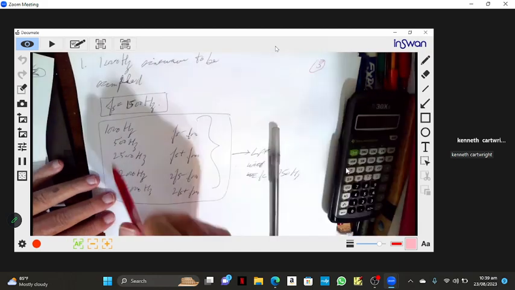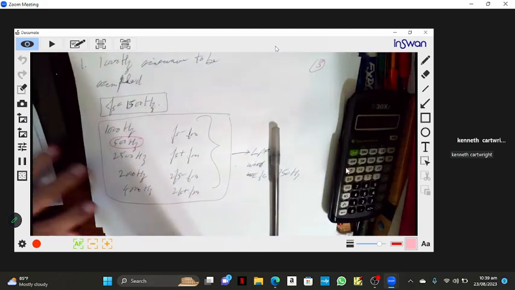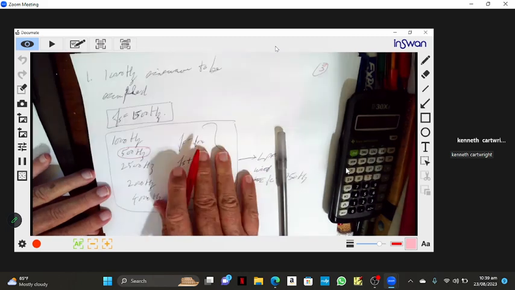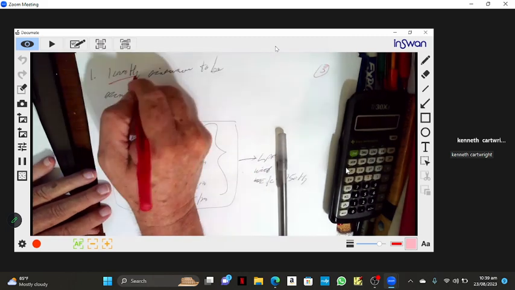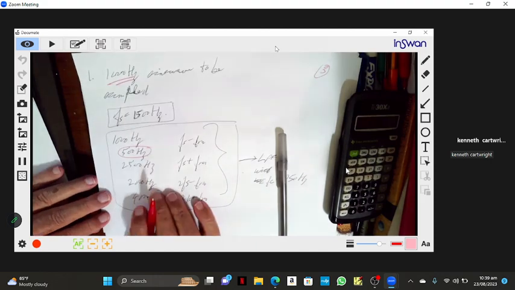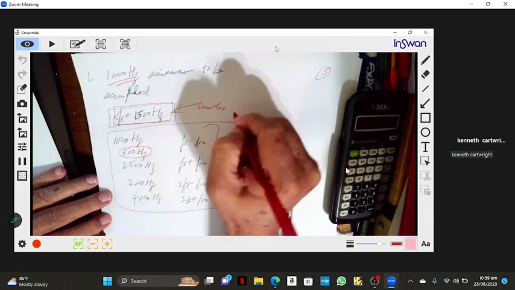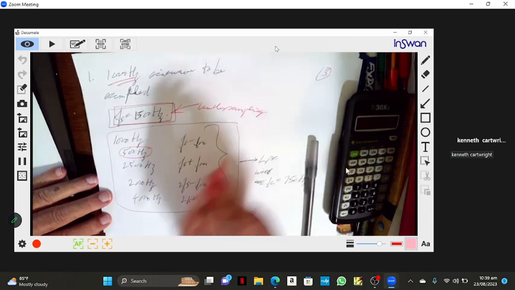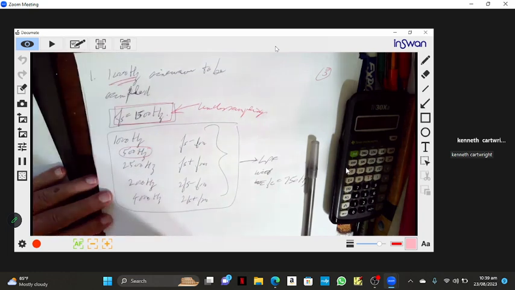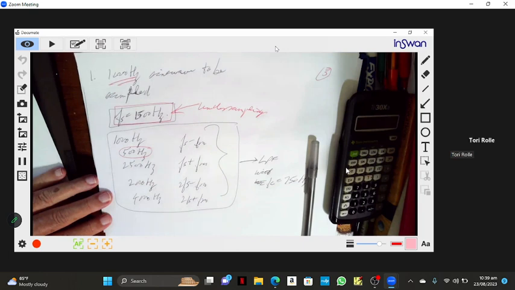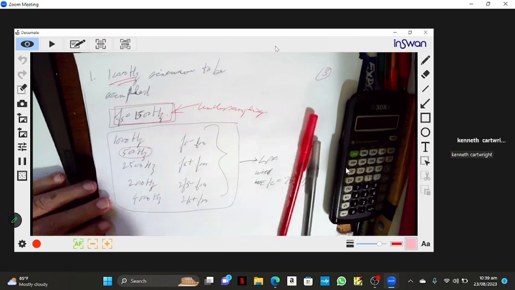We'll get 500 hertz. So even though our original signal was 1,000 hertz, we are undersampling now. This is undersampling because, what is the minimum frequency we should be sampling at?